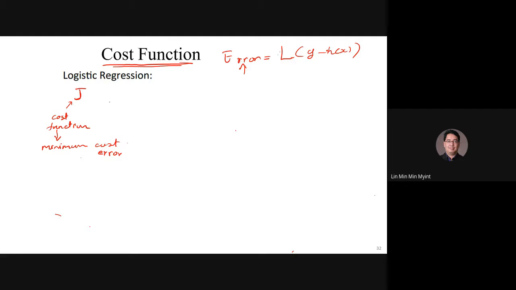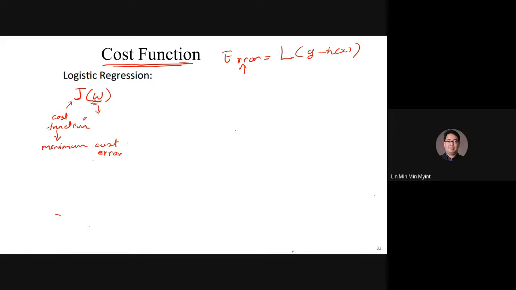In this case, we define it with the weight W, because we want to find the value of the weight with the minimum error or minimum cost. That's why this is defined as a function of W, the weights.